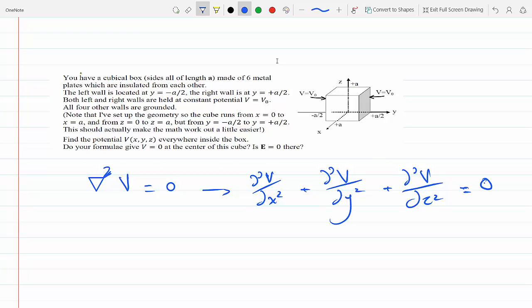And we're going to solve this using separation of variables. This is a partial differential equation.